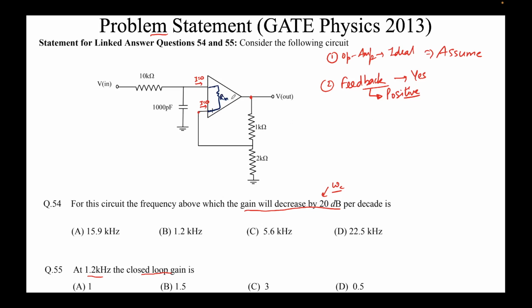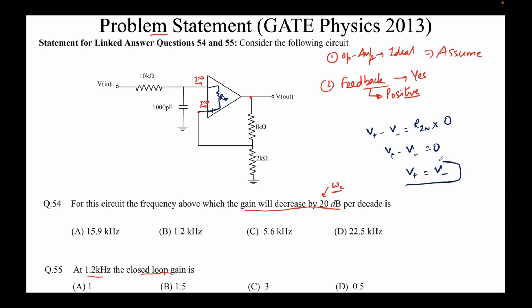So I can write, applying Ohm's law across this R in resistor, V plus minus V minus equal to R in times the current flowing. Current flowing is 0 in the ideal scenario. Usually the value of R in is a few mega ohms. So I get V plus minus V minus equal to 0, which gives me V plus equal to V minus.